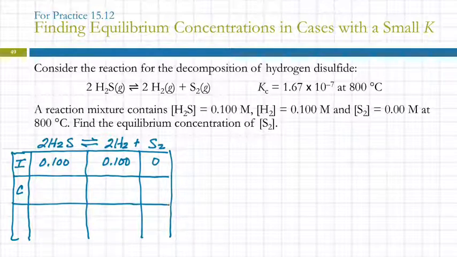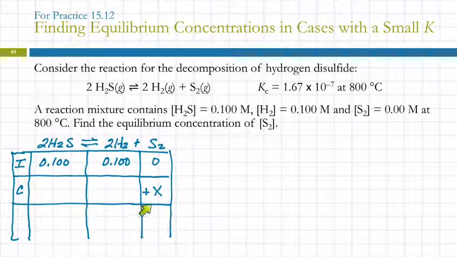What should I pick for the thing that's changing by x? S2. I want to pick this one because then I can just use the coefficients to describe the changes of the other ones instead of trying to do fractions or do weird stuff in my head. So I'm going to say that S2 is going to change by x. Is it going up or down? It's going up because you can't go anywhere but up from 0, right?